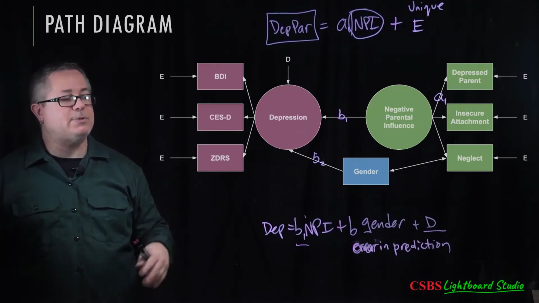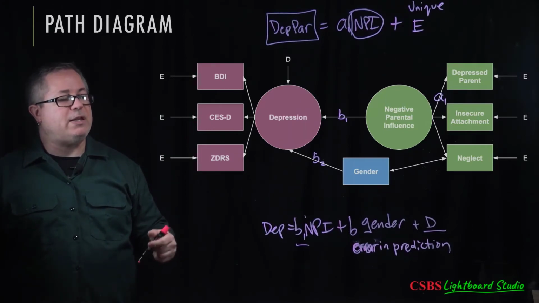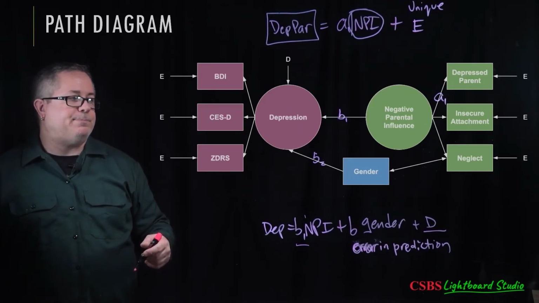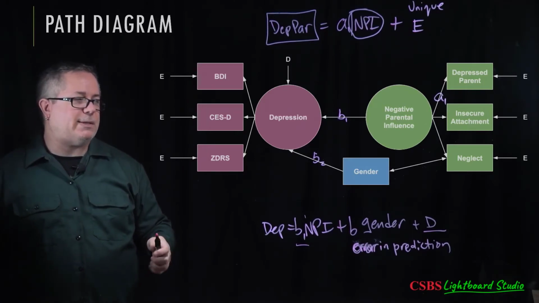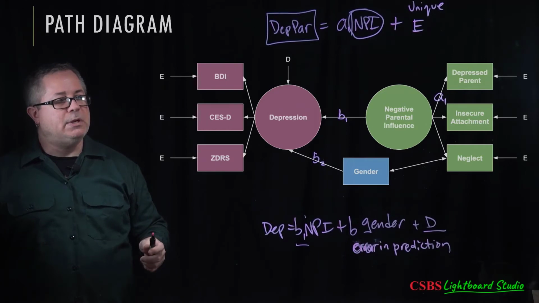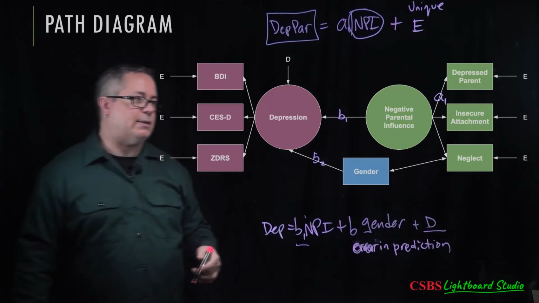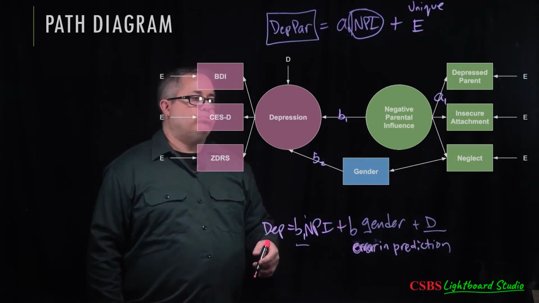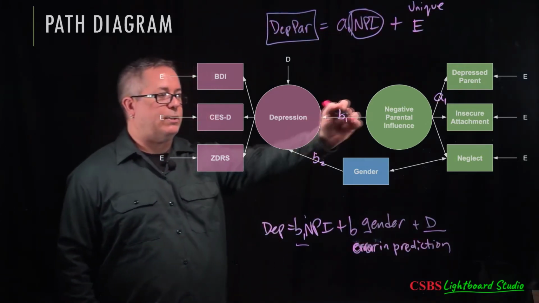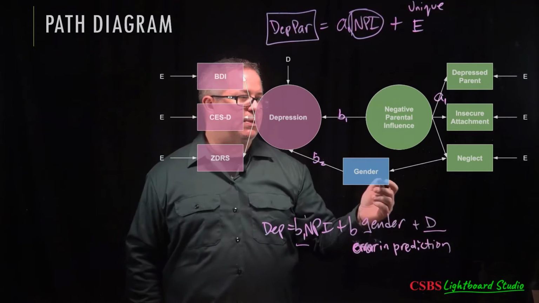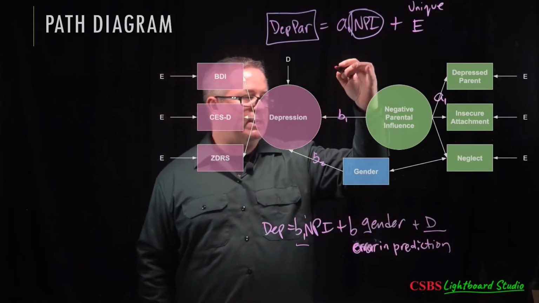There are some times when things get a little tricky. Let's say that gender is a bad one, but let's say I had a variable like, I don't know, I was thinking something else that's dichotomous, but maybe it didn't have to be. Let's say it's like grades.